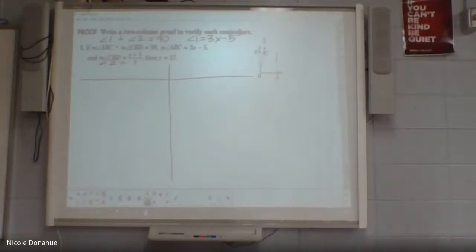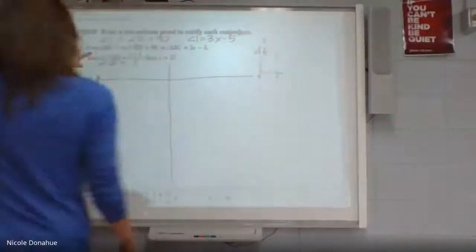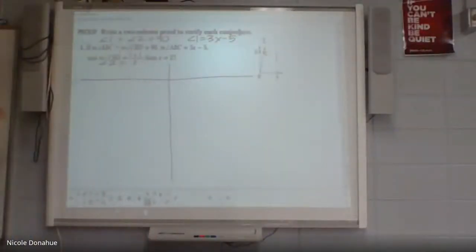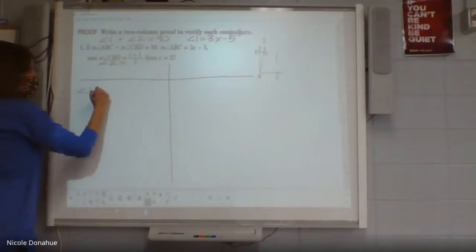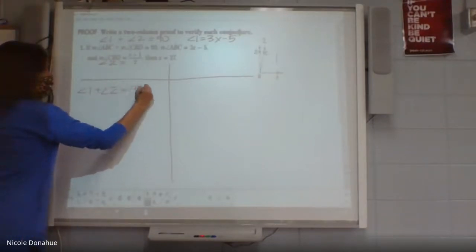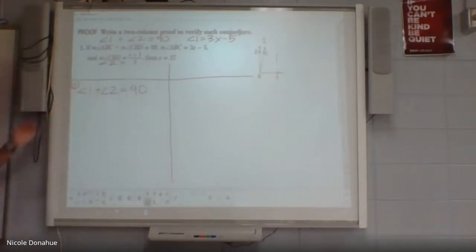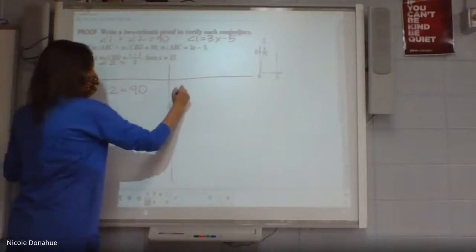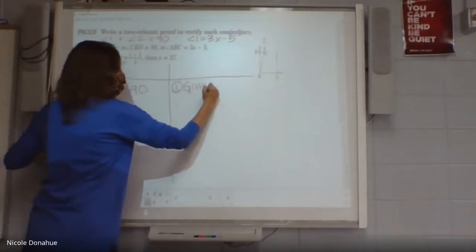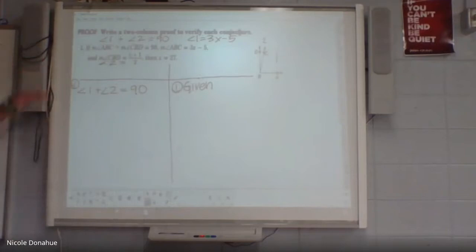So again, we have to start with what we know. So they tell me 1 and 2 together add to 90. Oh, sorry, that should be step 1. And again, this is all given. So I'm going to list everything they gave me in just a list here.